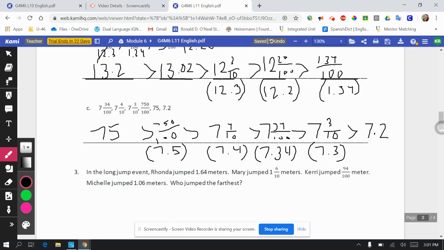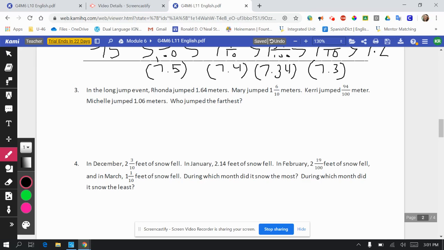All right, here we have two word problems.